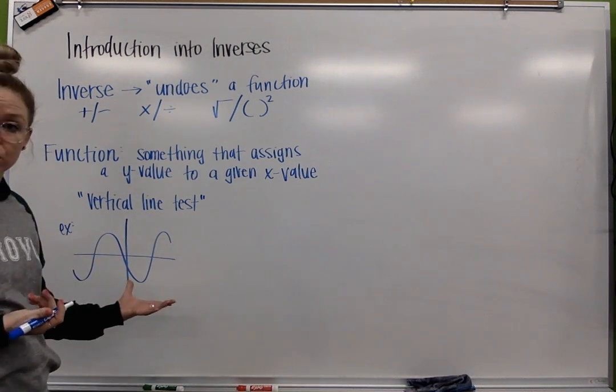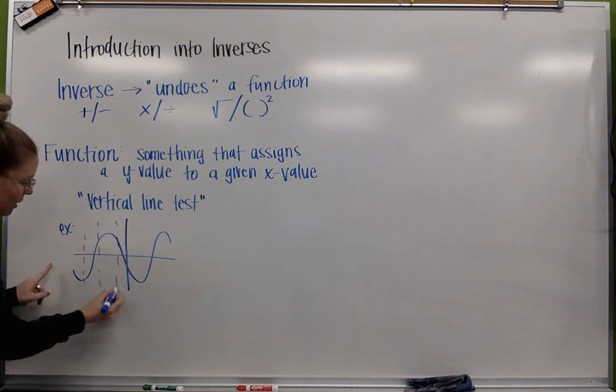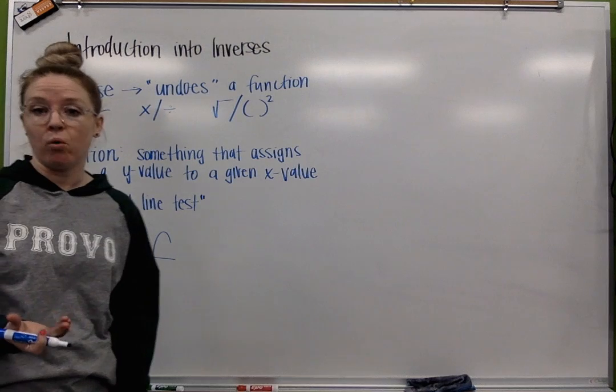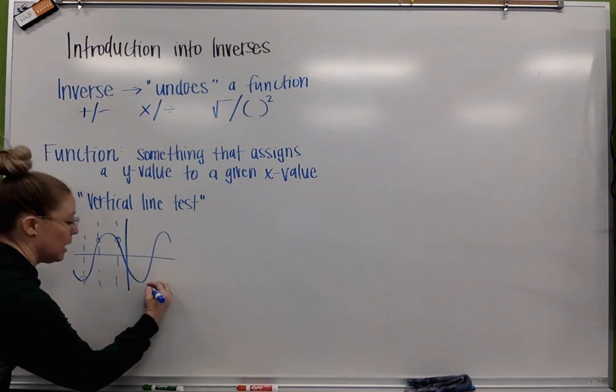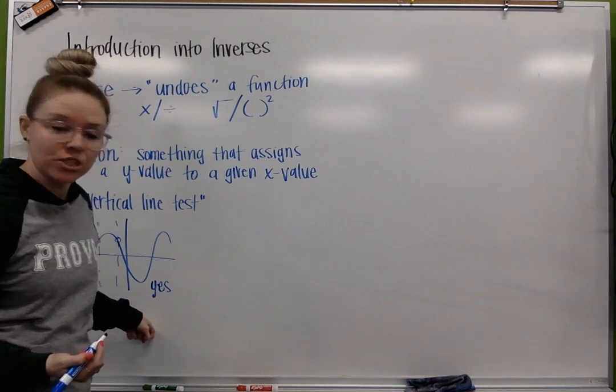Is this a function? We come in with those vertical lines and we want to make sure that we're only hitting the graph at one point. So this guy, no matter where I draw that vertical line, I'm only going to hit one point. So yes, this is a function.